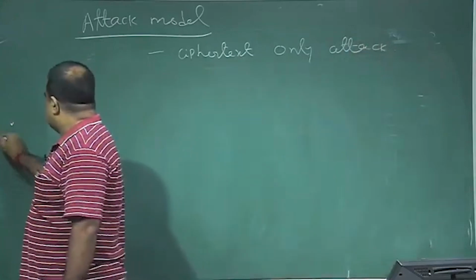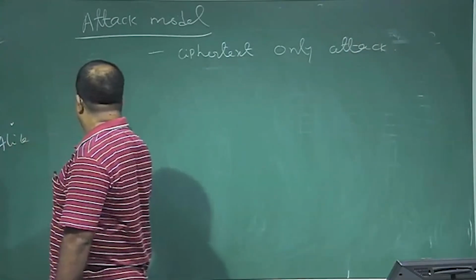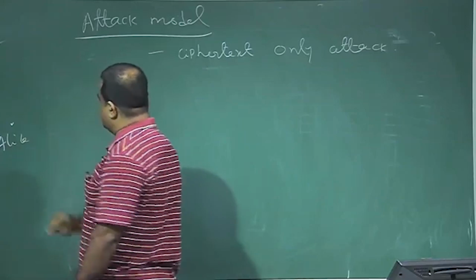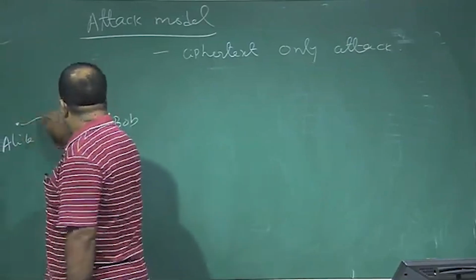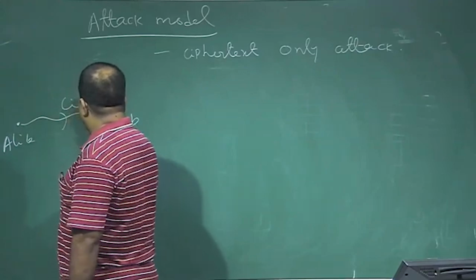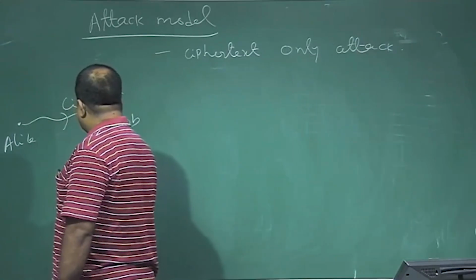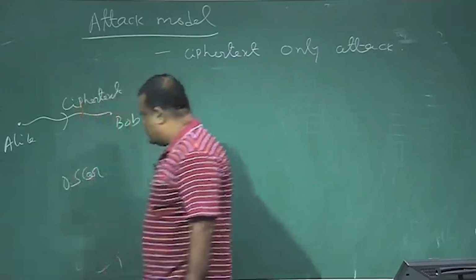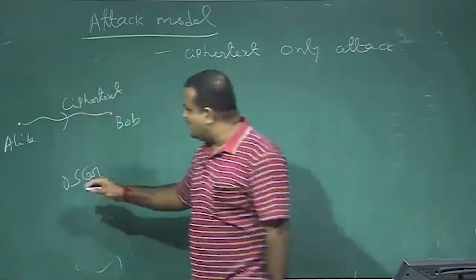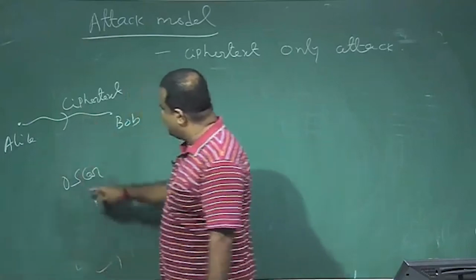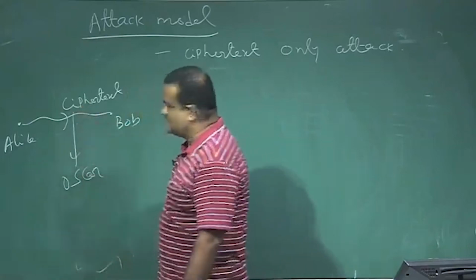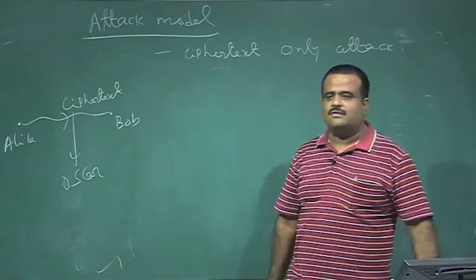The point is Alice and Bob are communicating with each other and the ciphertexts are placed into the public channel, and Oscar, the attacker, is sitting here and Oscar has full control of this channel. So, Oscar is hearing all the ciphertexts.